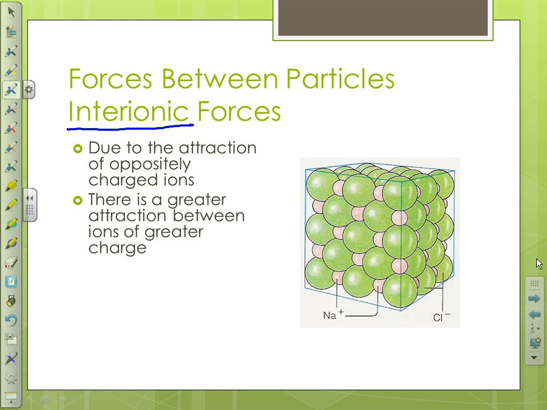But if you do something like calcium oxide, where calcium has a +2 charge and oxygen has a -2 charge, guess what? Those are going to be attracted to each other even more strongly than sodium and chlorine are attracted to one another, because they're bigger charges.